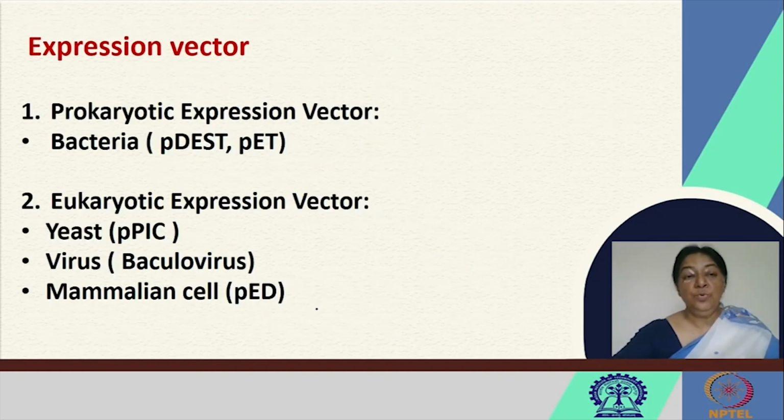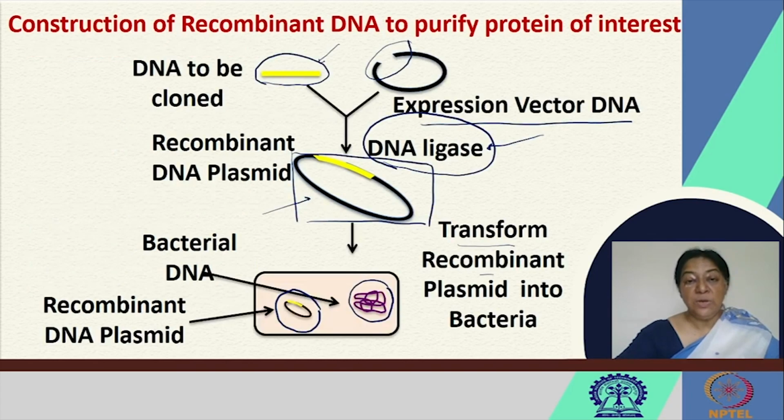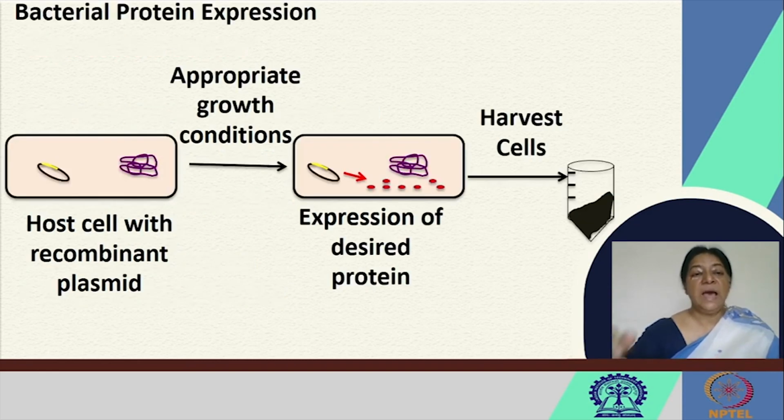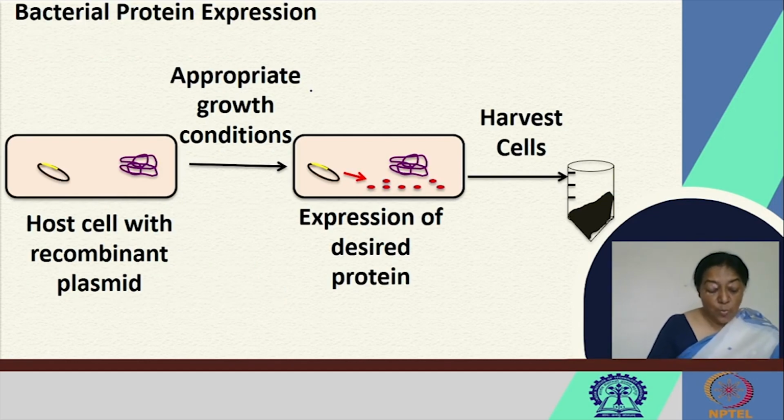Now we do know about the expression vectors. The expression vector DNAs can be prokaryotic expression vectors or eukaryotic expression vectors, such as yeast, virus, and even mammalian cells. Looking at our bacterial protein expression, the host cell has the recombinant plasmid.